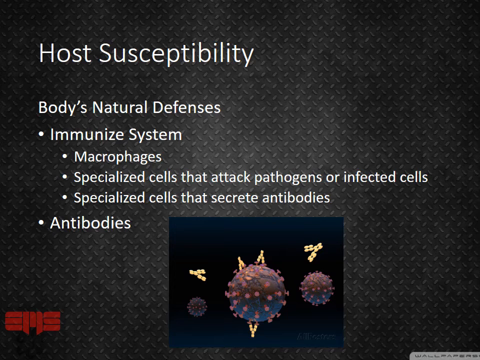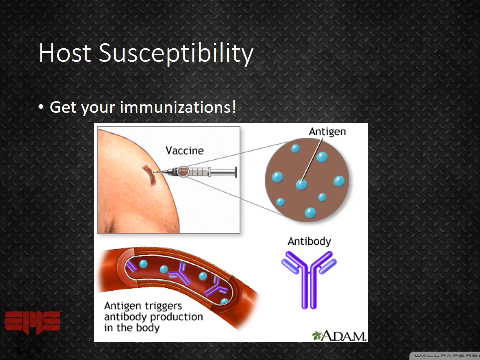So that's kind of the basis of immunity. So the take home here: keep yourself healthy and get your vaccines, in addition to wearing the protective equipment and cleaning your patient care surfaces.